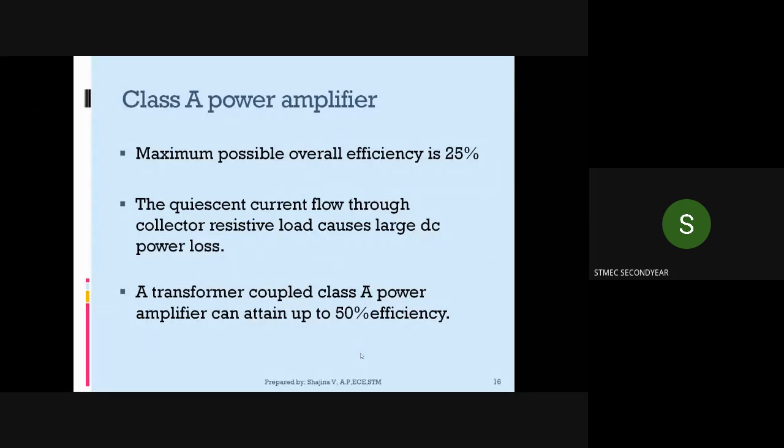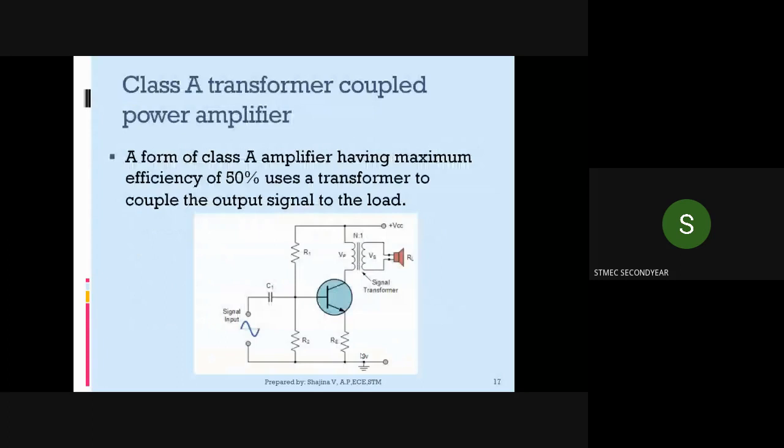Okay, so we focus on the actual syllabus: the class A transformer coupled power amplifier. We can say it is a form of class A power amplifier having a maximum efficiency of 50%, that uses a transformer to couple the output signal to the load.